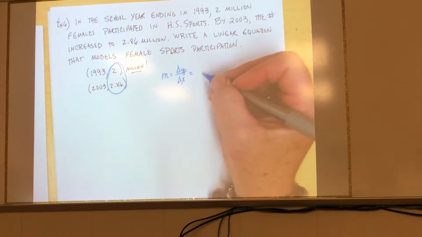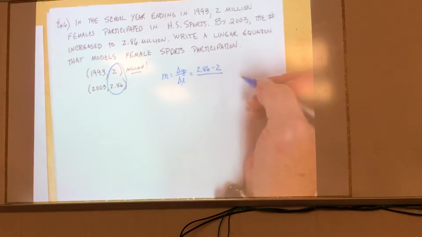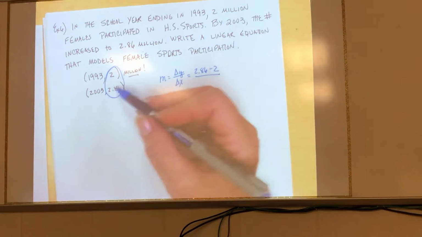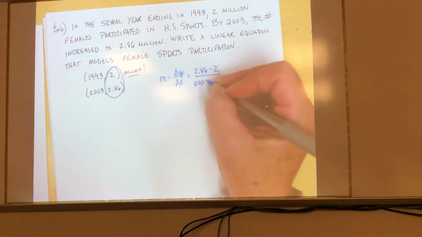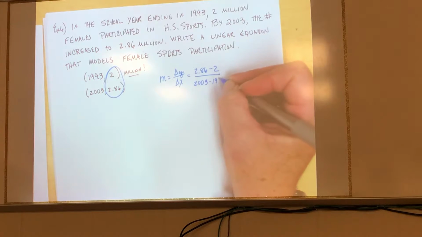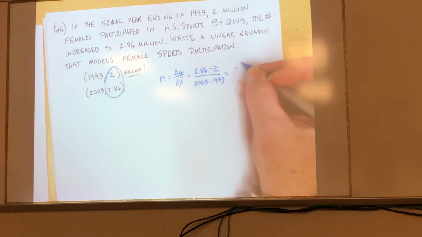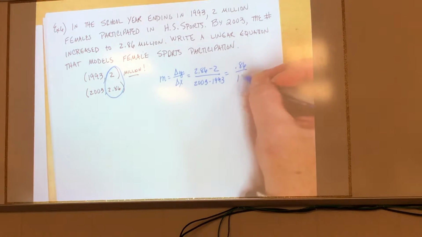Whatever you want. 2.86 minus 2. If you pick this order for the top, what order do you have to pick for the bottom? The same. Yes, the same. 2003 minus 1993. Okay, 2.86 minus 2 is 0.86, and 2003 minus 1993 is 10.